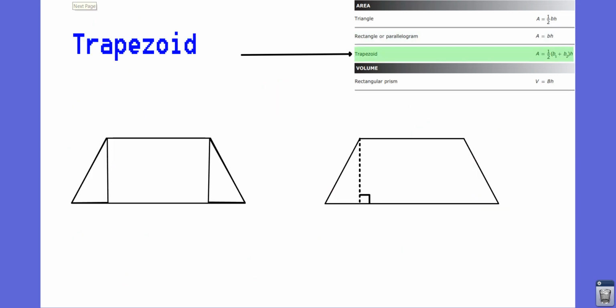Trapezoid is confusing, I'm not going to lie. So whenever we're looking at a trapezoid, basically what happens is you're taking a chunk and rotating it. So this also originated from a quadrilateral, just like all the other stuff did, like a triangle, a parallelogram.